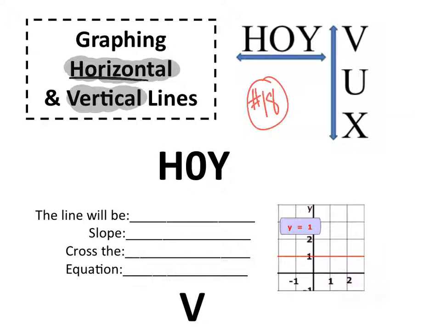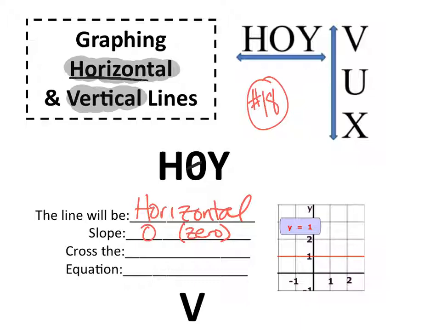HOY talks about our horizontal lines because it starts with an H. The H in HOY is for horizontal. Now, the second letter in HOY is not actually a letter. It's the number 0. So the slope of a horizontal line is 0.